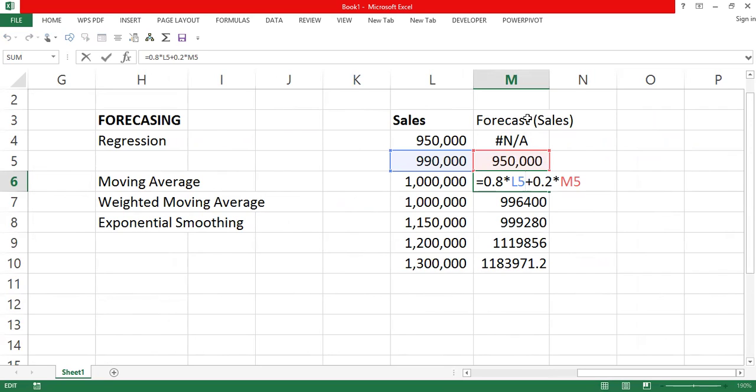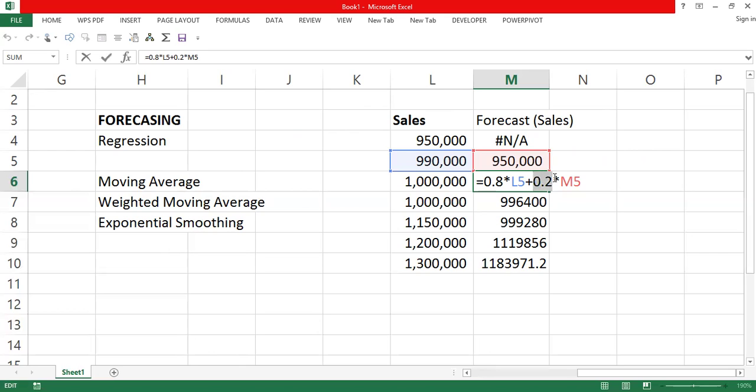Thank you. So that 0.2 is this 0.2 that you are seeing. 1 minus 0.2 is 0.8.